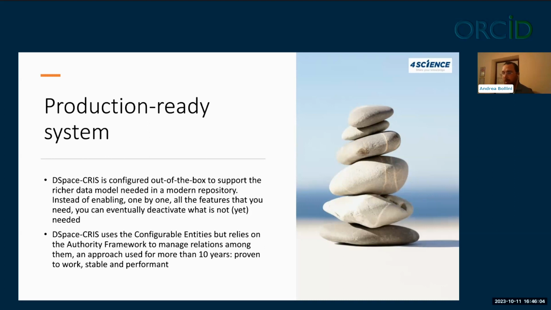You have configurable entities enabled and properly working with a configuration that is production ready. It's not a sample, it's not something that you are strictly required to improve or change. It's based on what the international standards recommend and is useful for most institutions. If you need to make changes, of course, you can also extend it to adapt it to your specific needs.